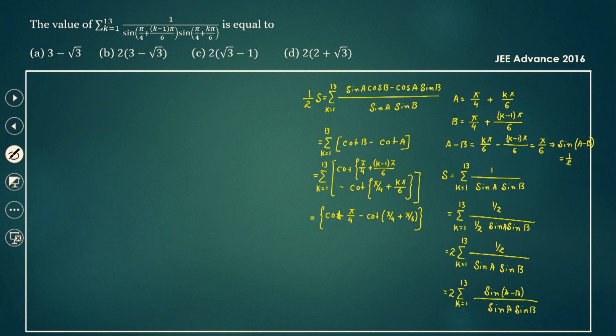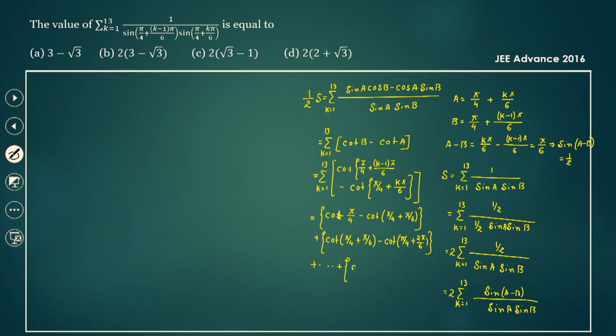Now substitute k equal to 2. If I substitute k equal to 2, we'll get cot pi by 4 plus pi by 6 minus cot pi by 4 and 2 pi by 6. That's it. Now write down the last term. So that means we are now substituting 13.